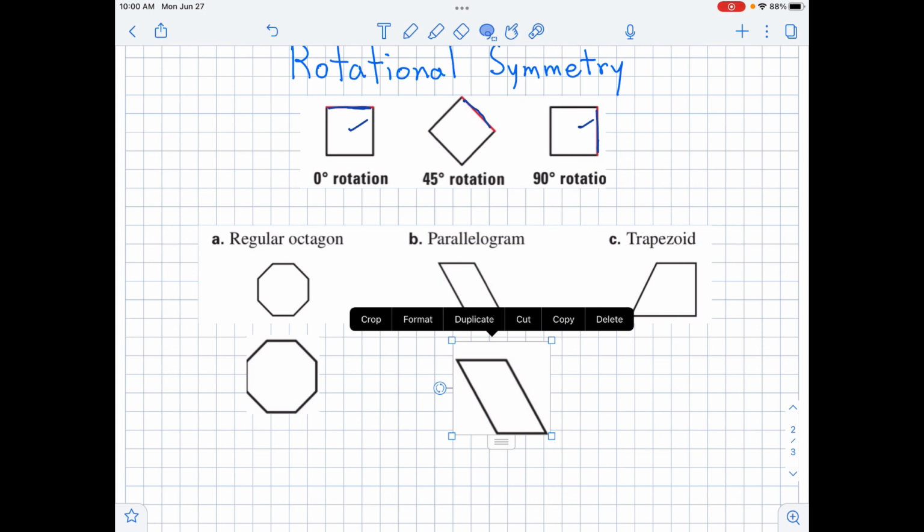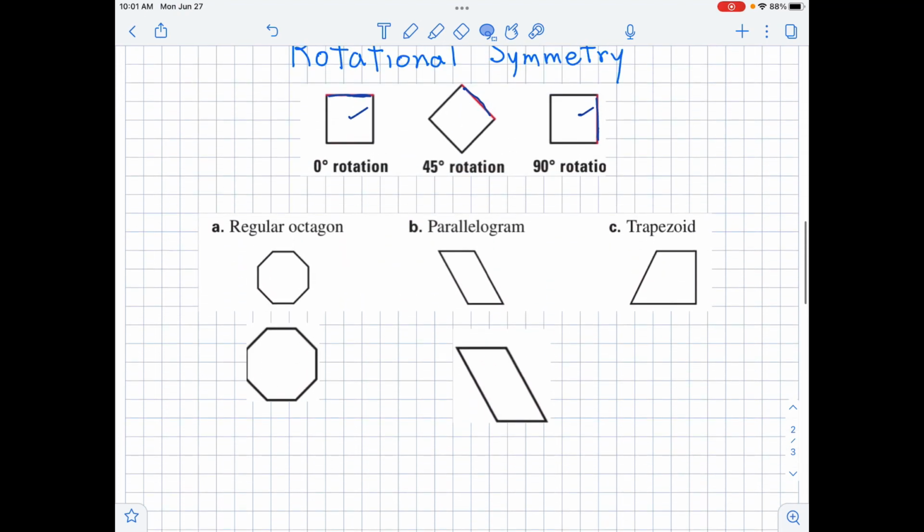You can look at that and say, yeah, that thing doesn't have any. When we talk about rotational symmetry, we're talking about a rotation of 180 degrees or less. In other words, like this trapezoid, you're not going to rotate it 360 degrees. It's 180 degrees or less. And that's what we mean when we say rotational symmetry.